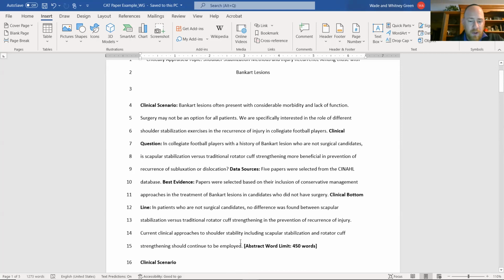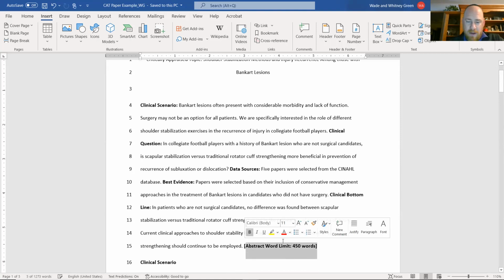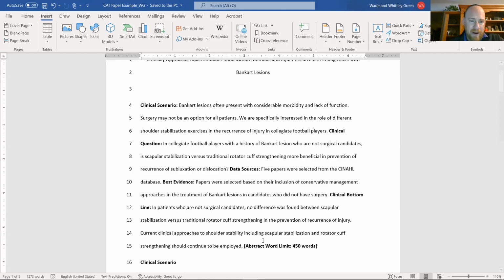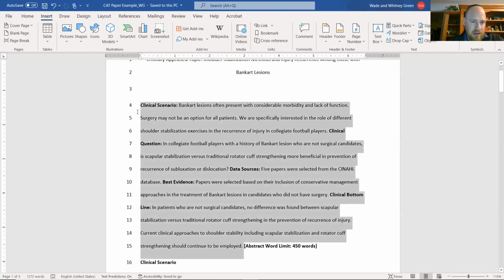So here's the deal. You have a limit on the abstract of no more than 450 words. I would be very surprised if you actually even approach that in your abstract, but that is your limit. A very handy way to know where you're at as far as word count is if you take your highlighter and highlight any area that you're curious about.